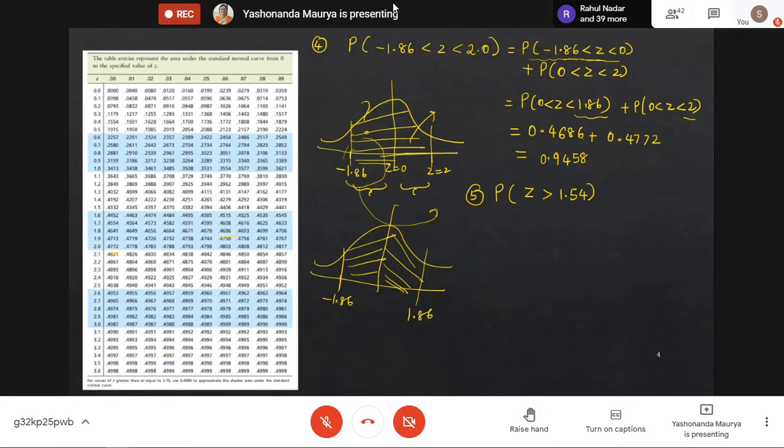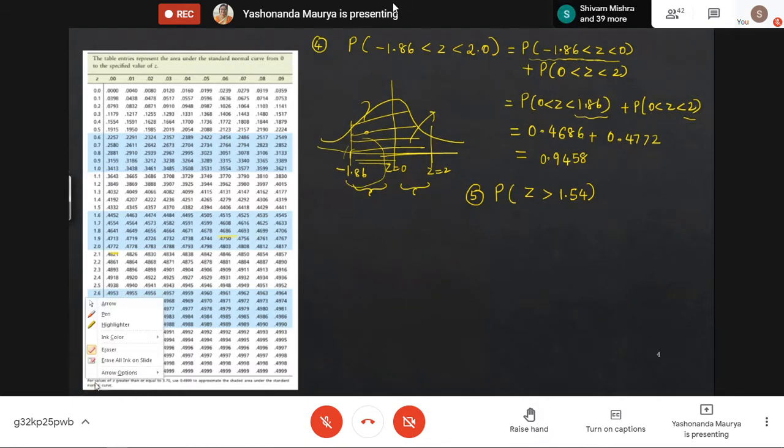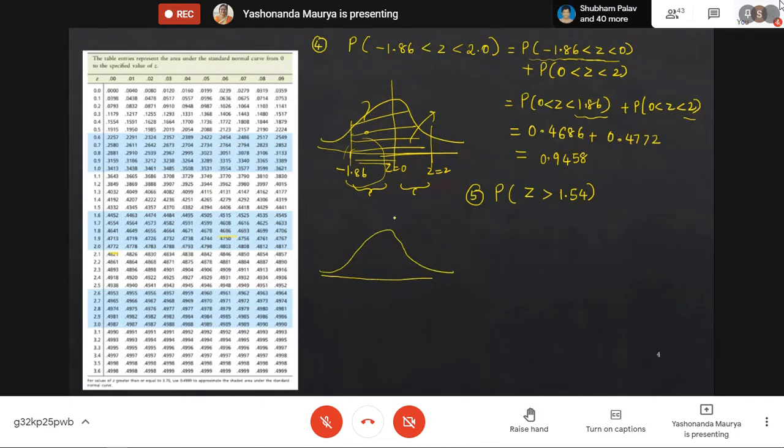Now the question is, how do we do this particular part? Always make it a habit that you sketch the region, because many a times if we don't sketch the region, then it is a trouble. We may land up in the wrong place.